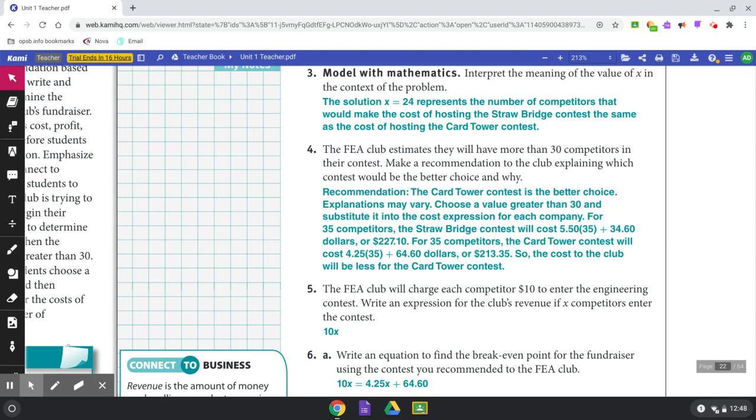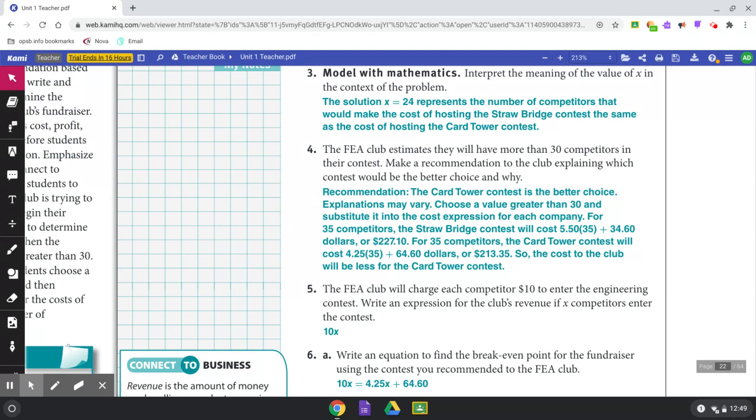Substitute it into the cost expression for each company. For 35 competitors, they increased to 35. The straw bridge contest cost, if you see your equation there, $5.50 times 35 competitors plus the $34.60 fixed cost ends up being $227.10. For 35 competitors of the card tower contest, if you substitute in 35 into the equation, you get $213.35.